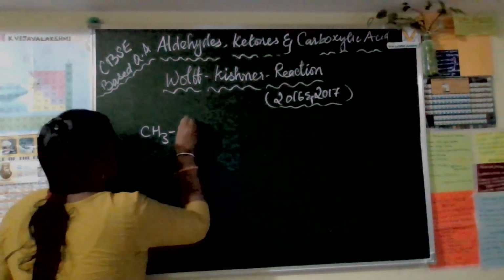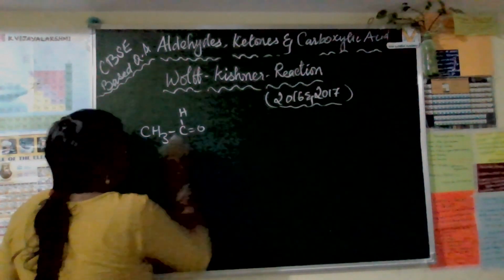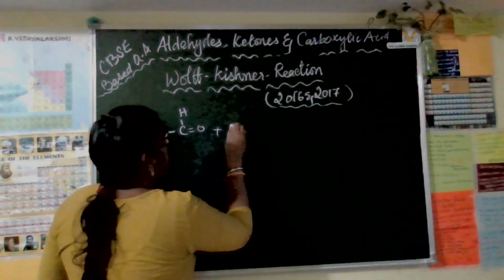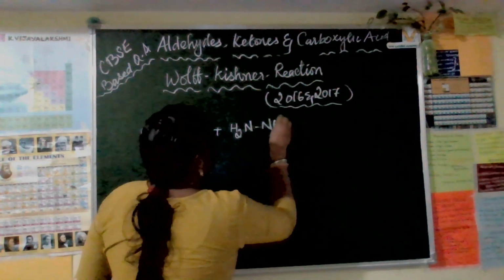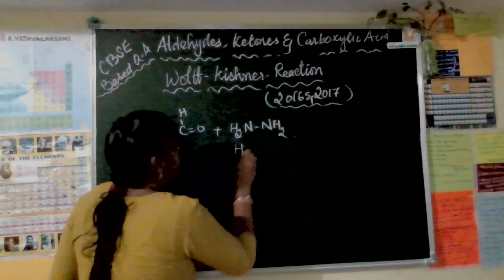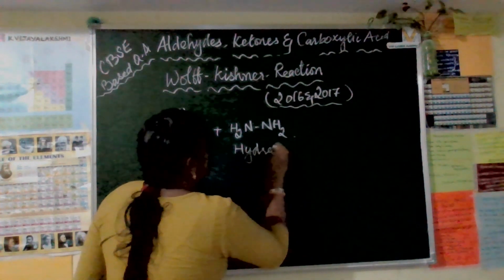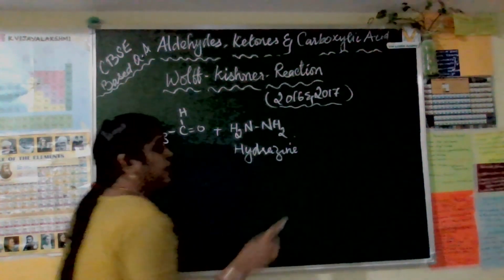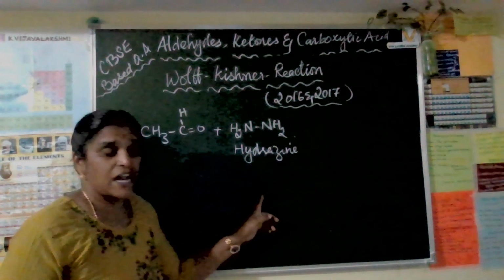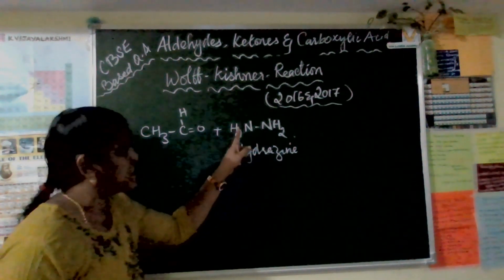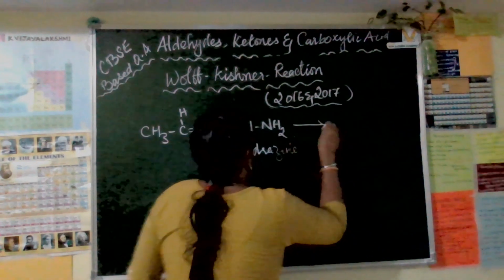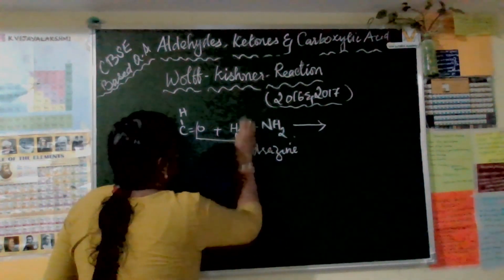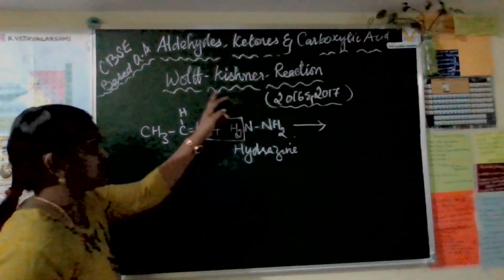Come on, let us go for the point. CH3CH double bond O, an aldehyde, combined with hydrazine, H2N-NH2. This is called hydrazine. Already I mentioned hydroxylamine, the same way one hydrogen is replaced by an NH2 amino group. This is also a reduction reaction only.